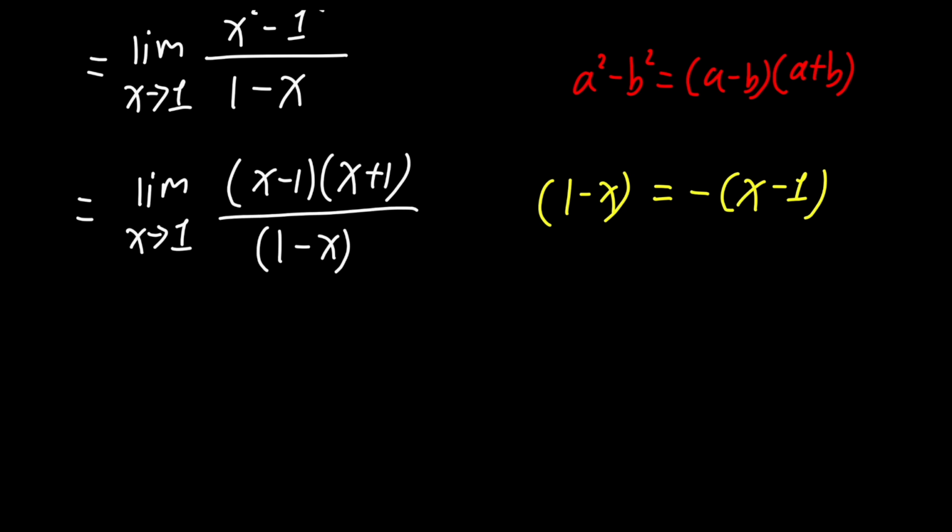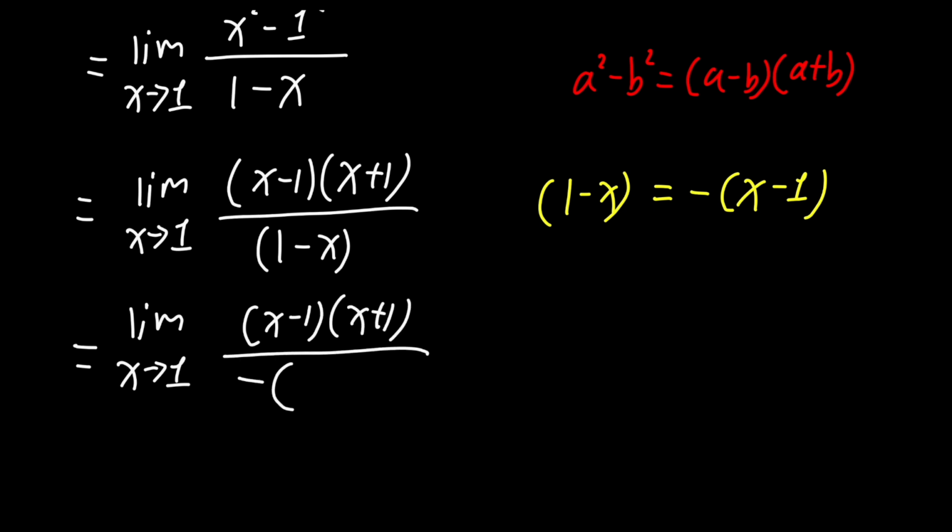If you multiply this negative 1 inside this parenthesis, you will end up with this 1 minus x. So in this case, limit as x approaches 1, x minus 1, x plus 1 over negative x minus 1.